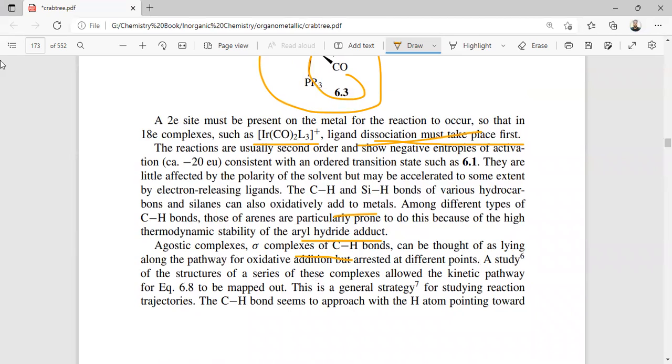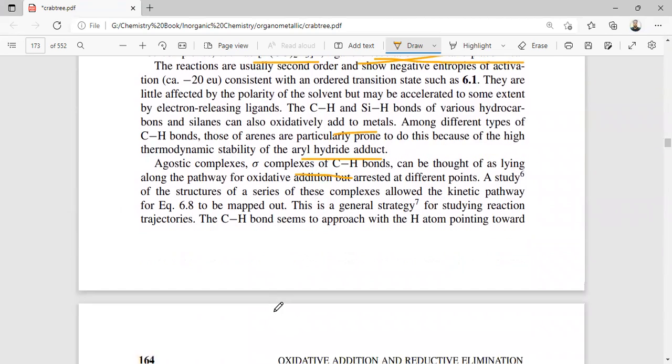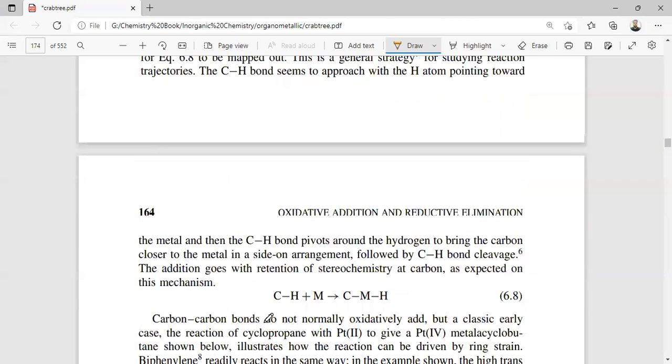A study of the structures of a series of these complexes allowed the kinetic pathway to be mapped. This is the general strategy for studying reaction trajectory. The C-H bond seems to approach with the H atom pointing toward the metal, and then the C-H bond pivots around the hydrogen to bring the carbon closer to the metal in a side-on arrangement, forming the C-H sigma complex. This addition goes with retention of the stereochemistry at carbon, as expected from this mechanism.